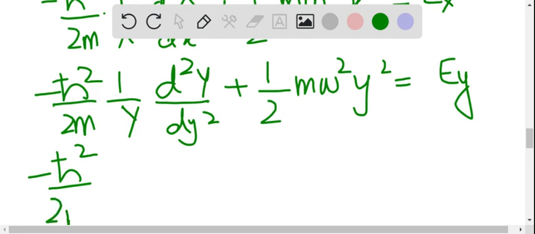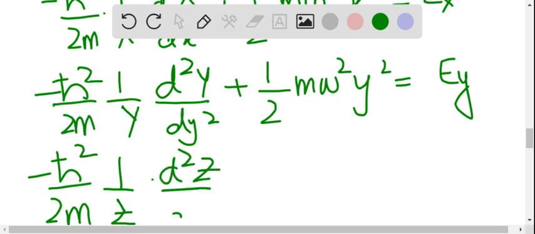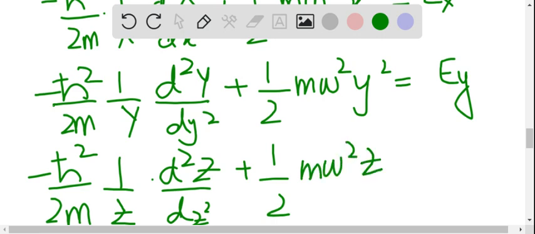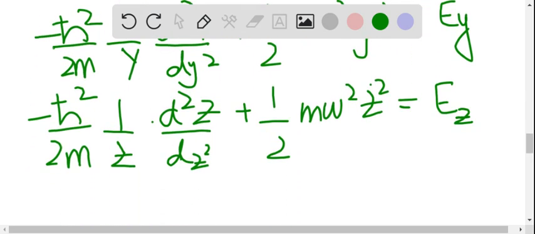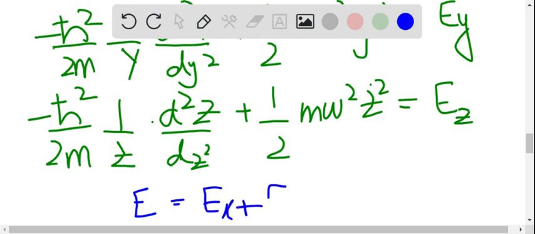So ħ² divided by 2m, 1 divided by Z times d²Z divided by dz², plus 1 divided by 2m times ω² times z² is equal to E sub z, right? And over here we have that E is equal to Ex plus Ey plus Ez, right?